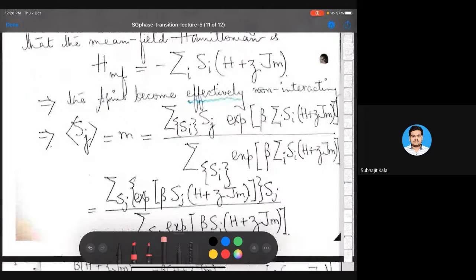I want to know the average magnetization for the jth spin, which is by definition m. And how do I find the average magnetization? The same trick: summation over s_i, where s_i is a random variable, of s_j times exponential of minus beta H, with this approximated Hamiltonian. So the minus sign gives plus beta summation over i s_i times (h plus J z m), divided by the partition function in the mean field approximation. This is the usual way to find the average value of a random variable. Fine.